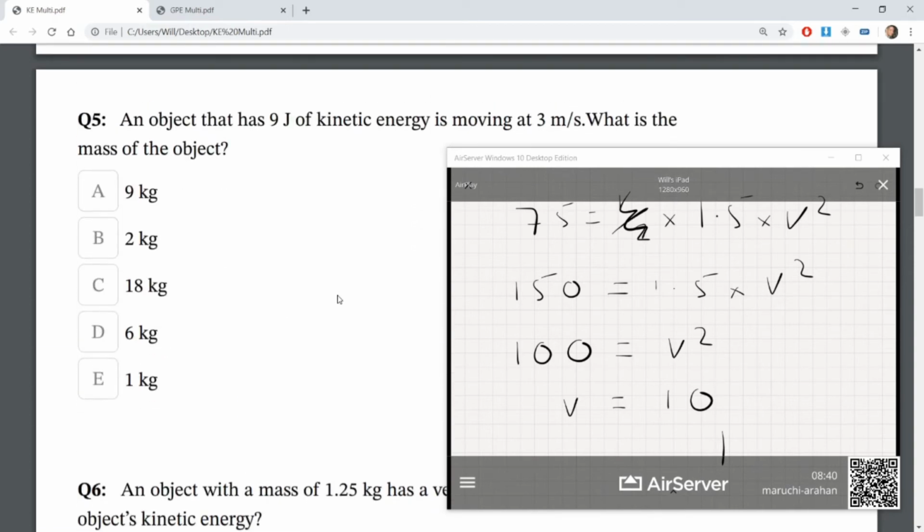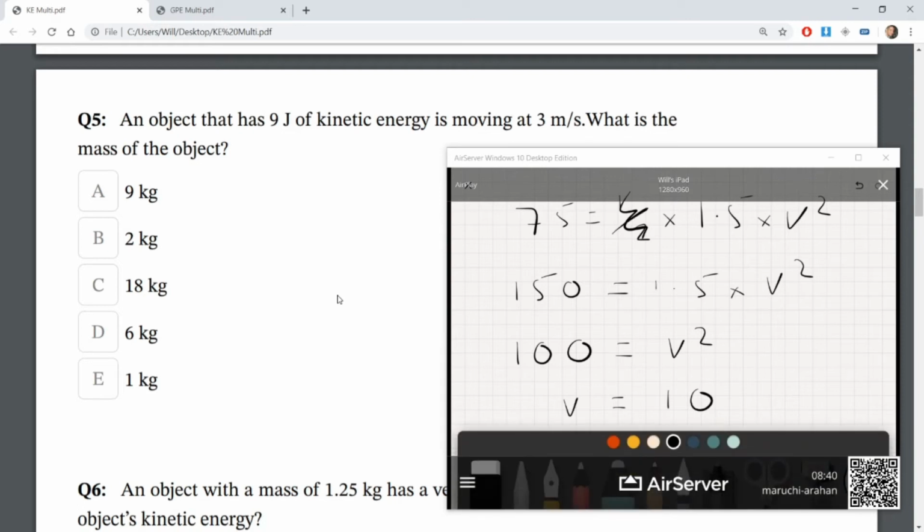Object of 9 joules kinetic energy moving at 3 meters per second. What is the mass? This is a little bit easier than previous ones because we're not having to do that square root. We're being asked to find the mass rather than the velocity.